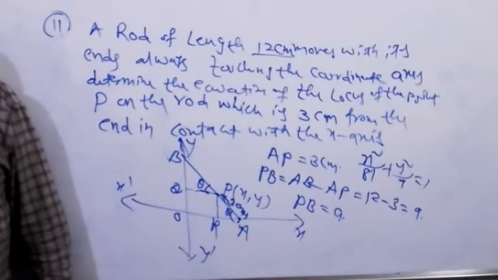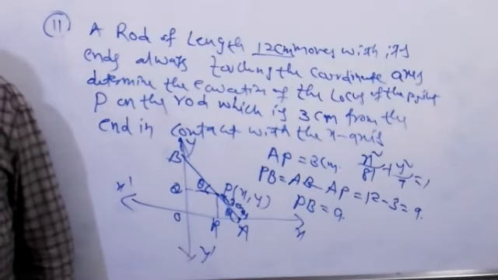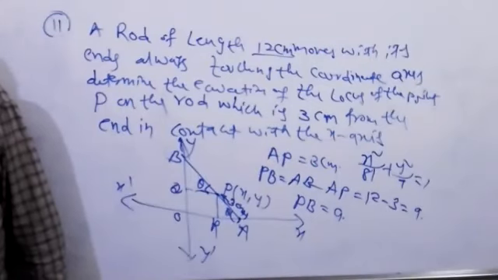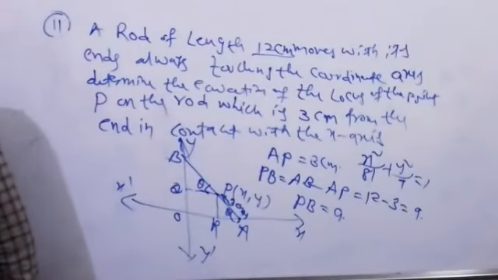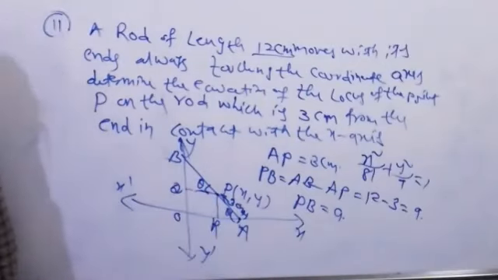So, which are the two fixed points? In an ellipse, the sum of distances from two fixed points is constant, right? So which are the two fixed points here? Fixed point is P(x, y)? Locus of the point P(x, y).